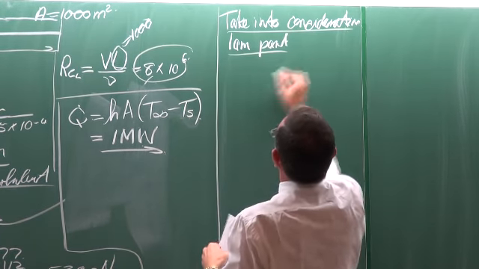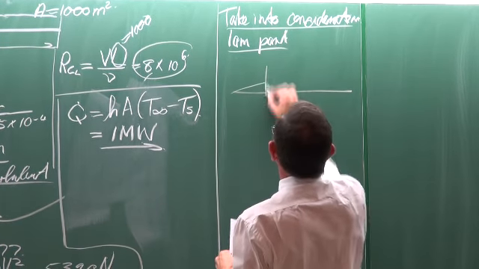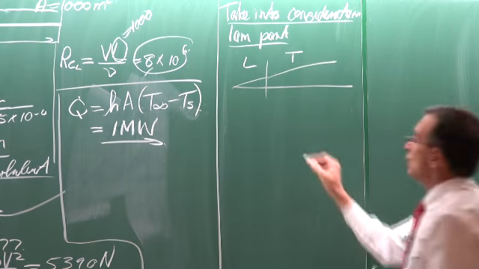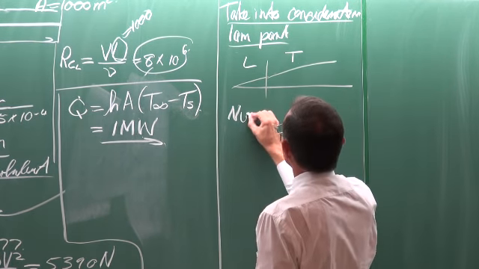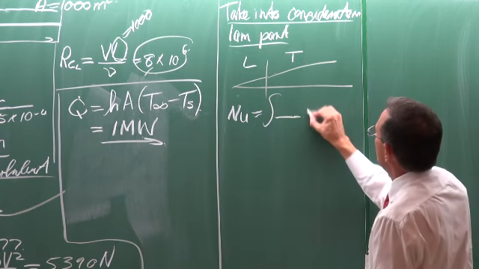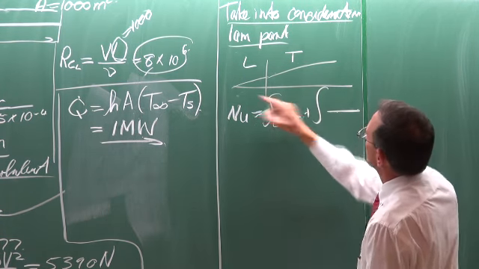Okay. So if we look at this plate now, which has a laminar part and a turbulent part, we need to get the Nusselt number where we've done the integration of the laminar part and the turbulent part over the lengths.